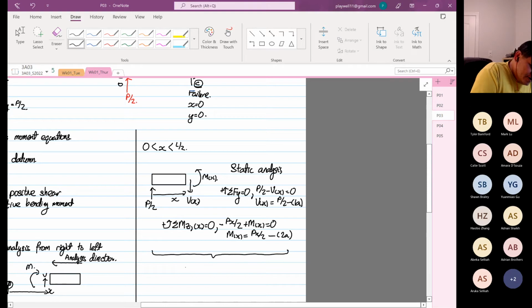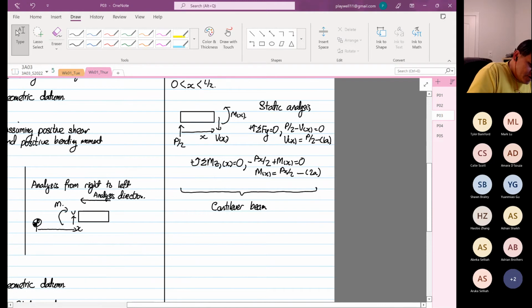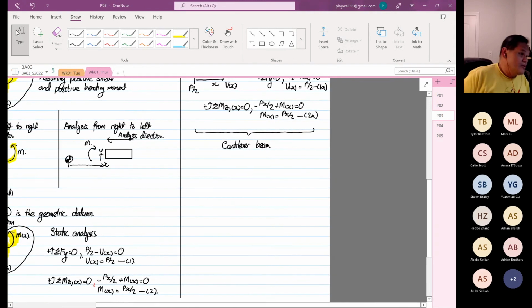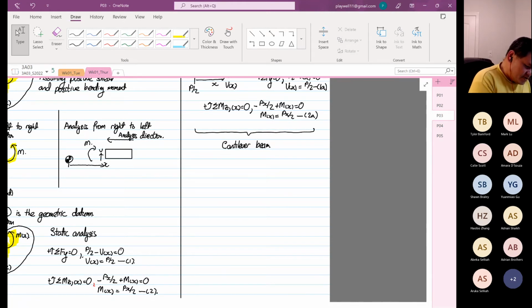Now what I want you to see is that this over here is for our cantilever beam. Equation 1a and equation 1 are the same. Equation 2 and equation 2a are the same.